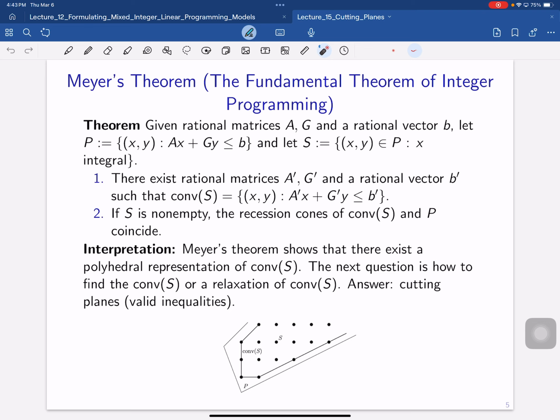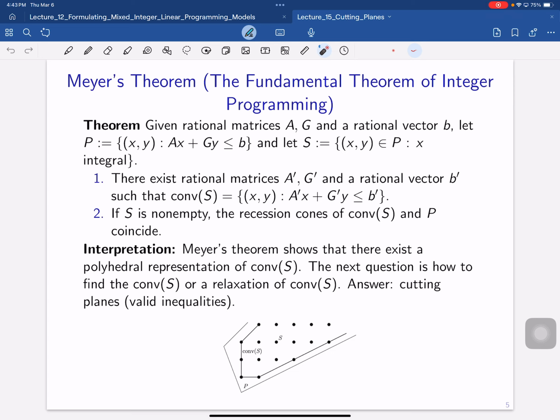Okay. And then if the polyhedron is unbounded, it says the recession cone of the convex hull and the recession cone of this polyhedral set P are the same. Right? Okay, so if you look at this set here, this is the relaxation.